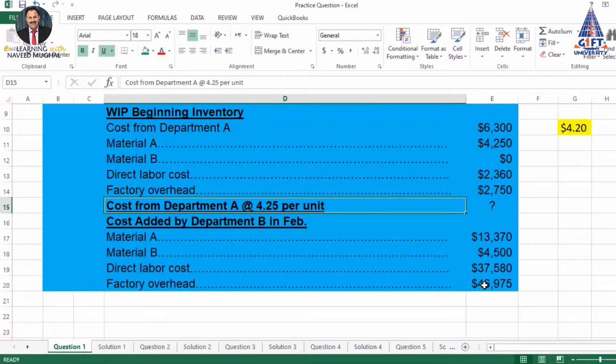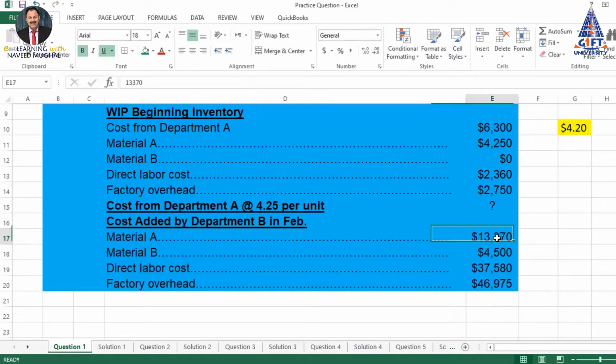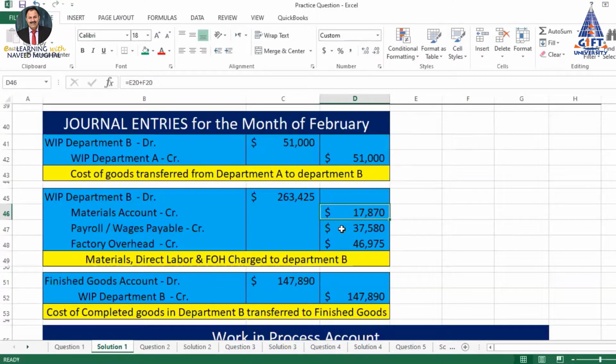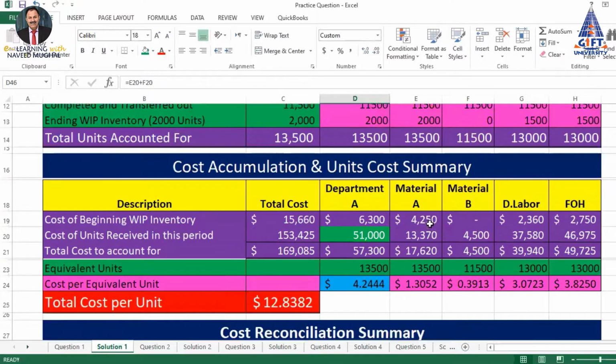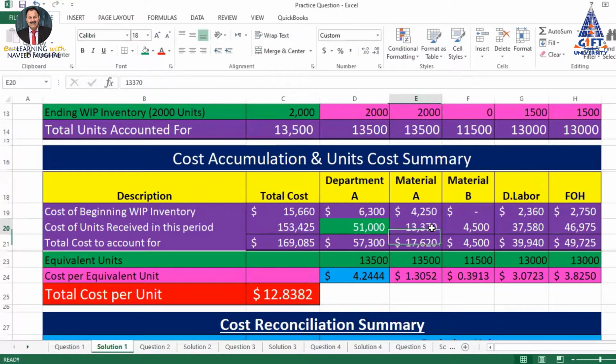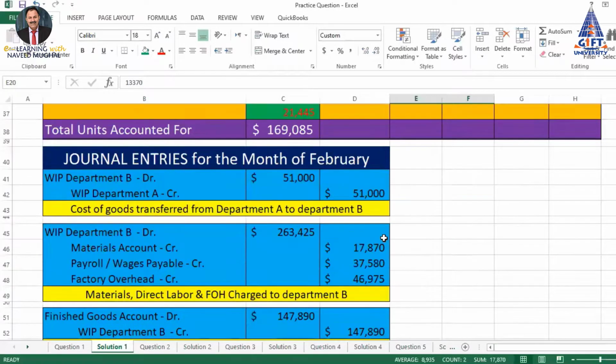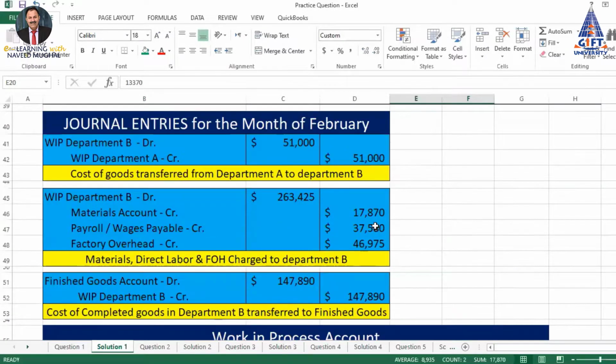So material A is 13,370 and material B is 4,500, and the total is 17,870. That figure has been used in this entry. Otherwise, from this table, you can get this figure. You will add both of these two figures and get the total of 17,870. So this is credited.